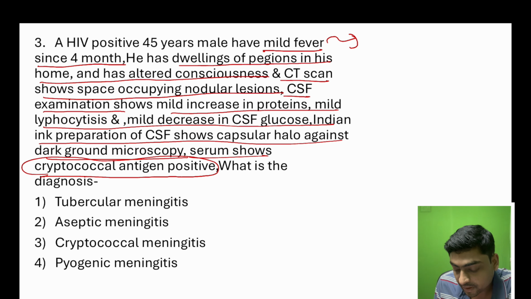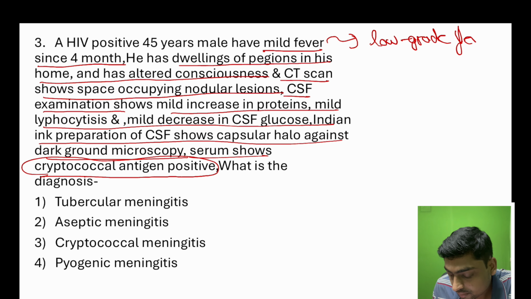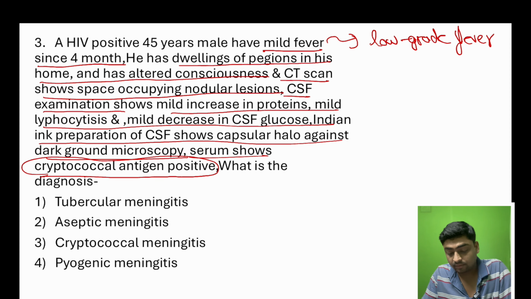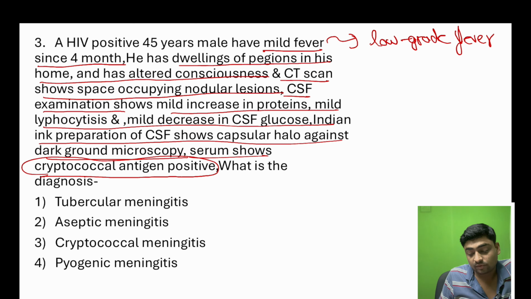In both fungal and tuberculous meningitis, the patient will be having low grade fever. Now the second hint that is given in the question is he has droppings of pigeon in his home. Now the droppings of the pigeon contain the fungus Cryptococcus neoformans, which is associated with cryptococcal meningitis.